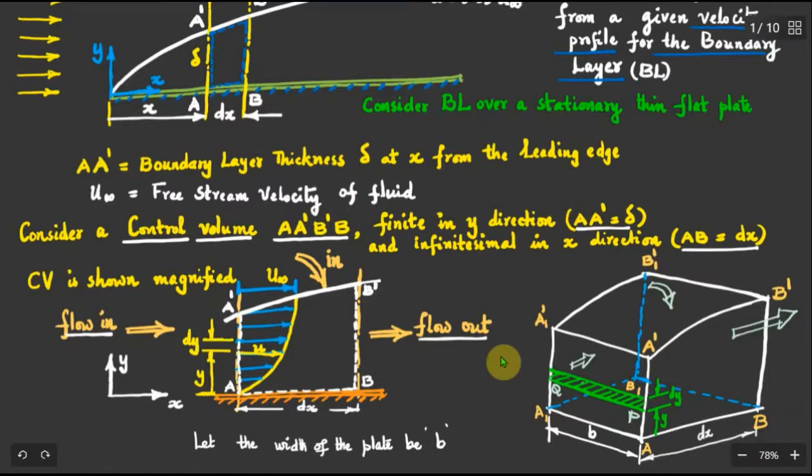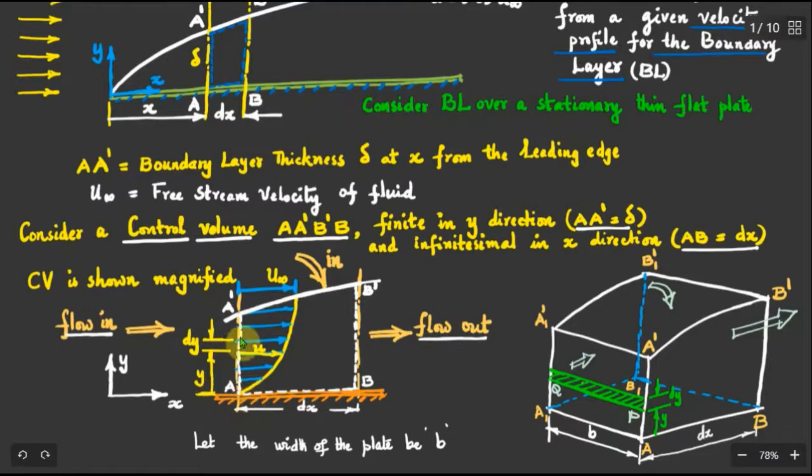That is, the rate of change of momentum undergone by the flow as it proceeds through the control volume A dash, B dash, B will be equated to the force causing this change in momentum flux.